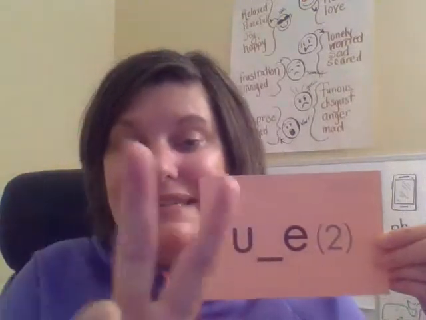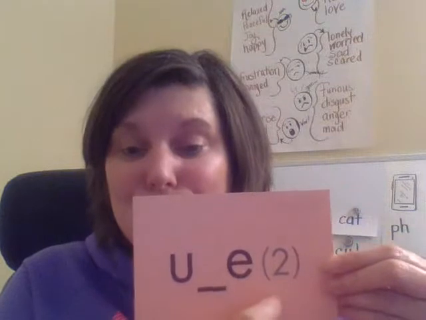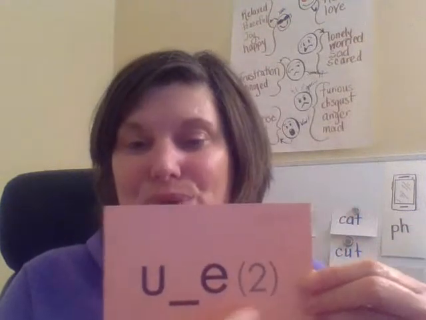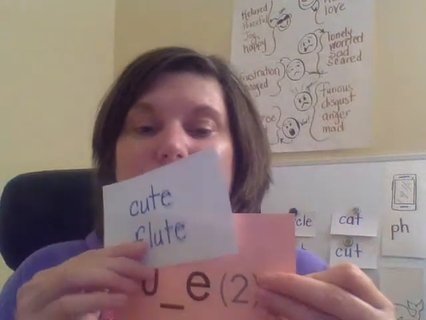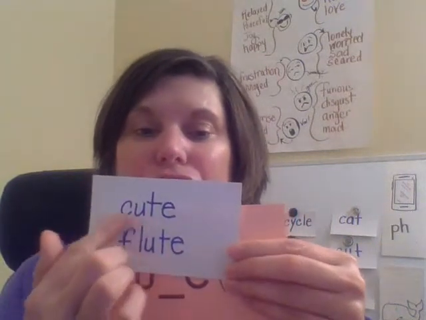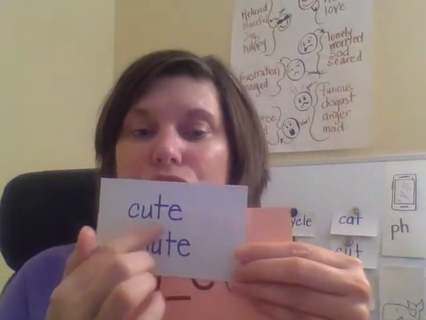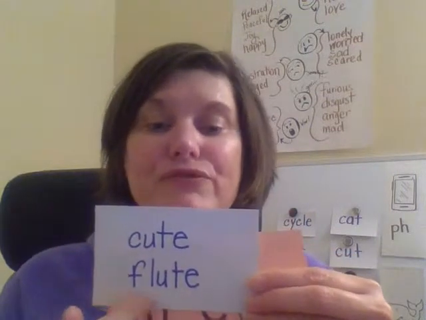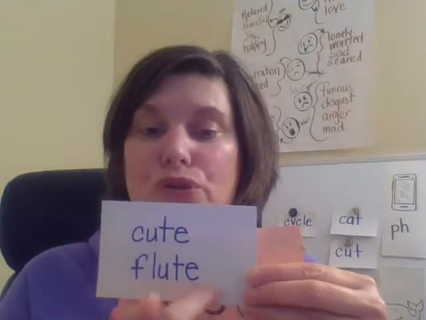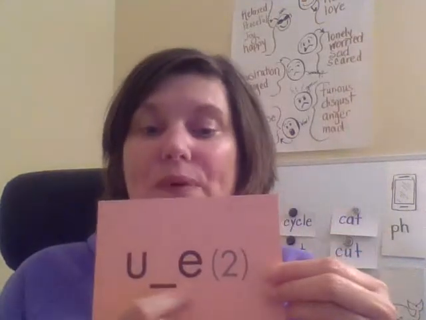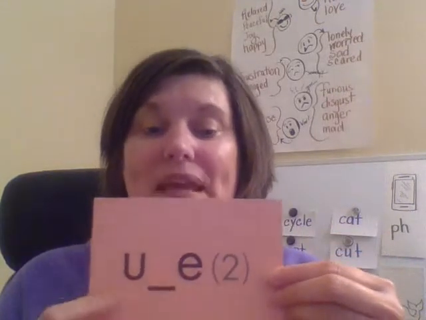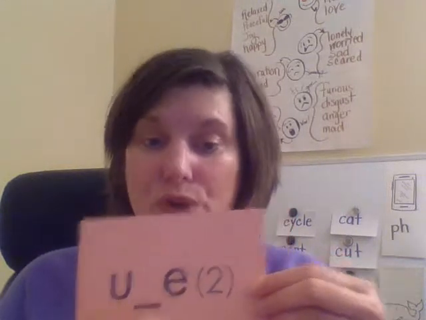The second sound that it can make is oo. Together, oo. Your turn, oo. Good. Like in the words cute, cute, cute. You hear you. But in flute, we hear the oo sound. So with the silent E syllable, U can either say you or oo. So we'll practice both of those sounds.